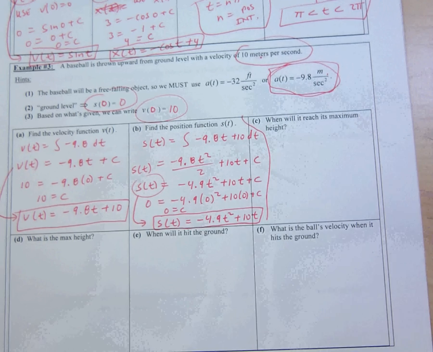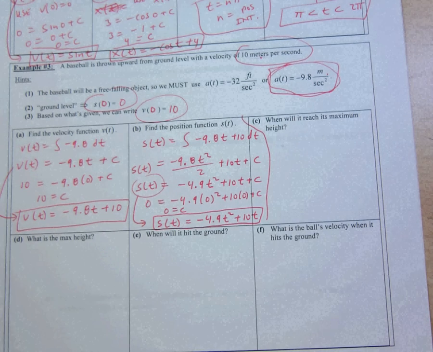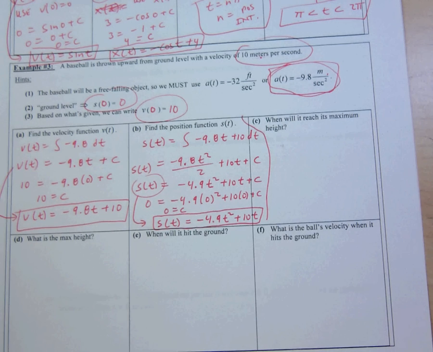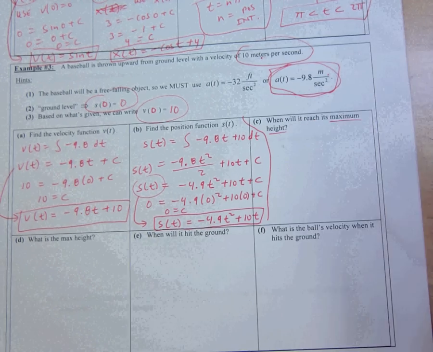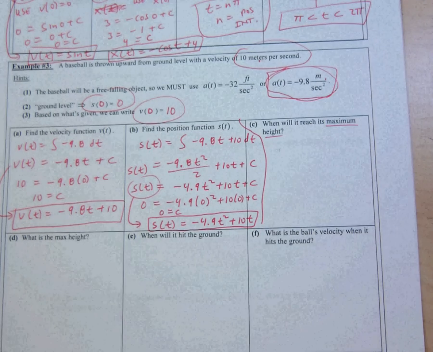Okay, any questions so far? Okay, now the tricky question. We want to know when the ball will reach its maximum height. What do we know about the maximum height, guys?